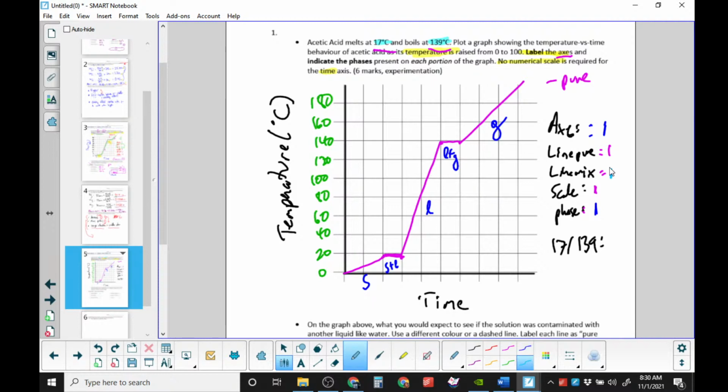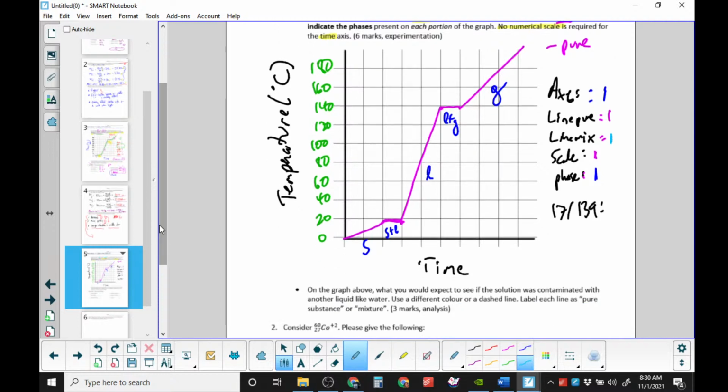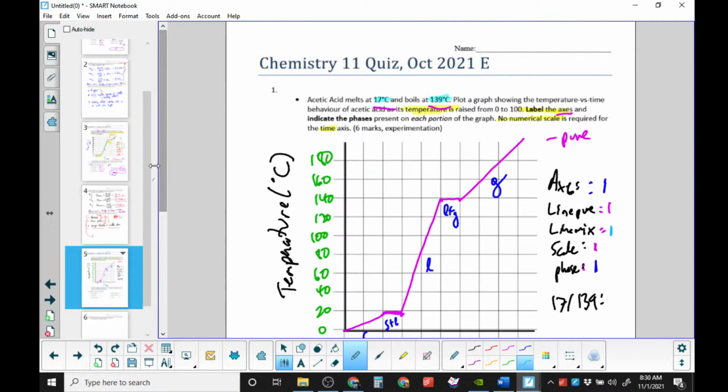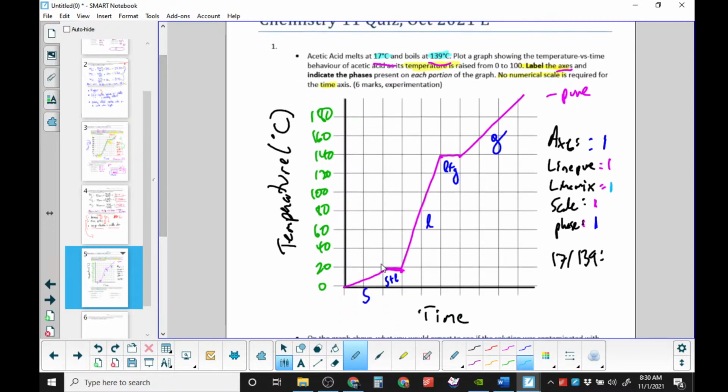The mixture, once we've added, what did we add to this one? We contaminated it with water. Now for this one, contamination, I don't care what temperatures there are.